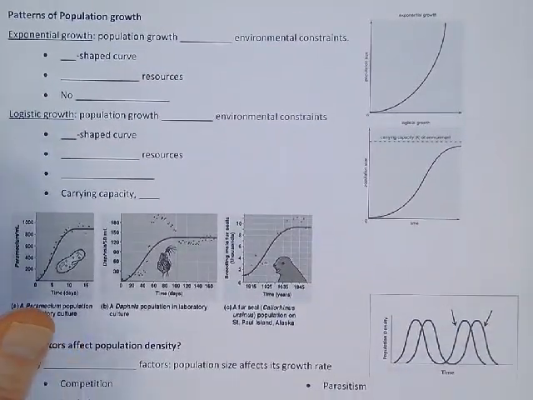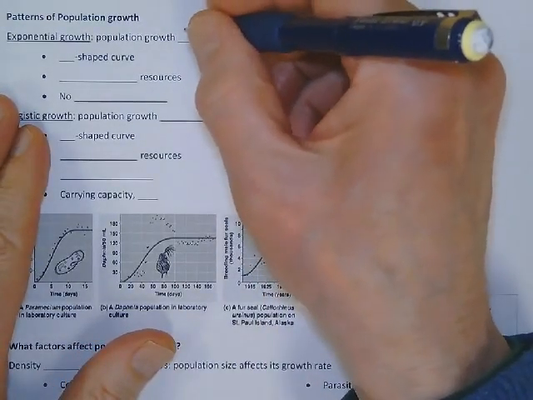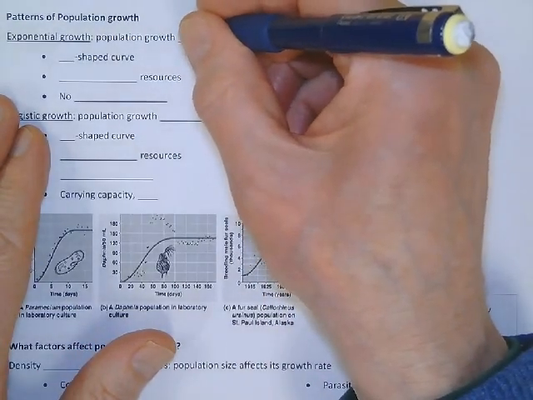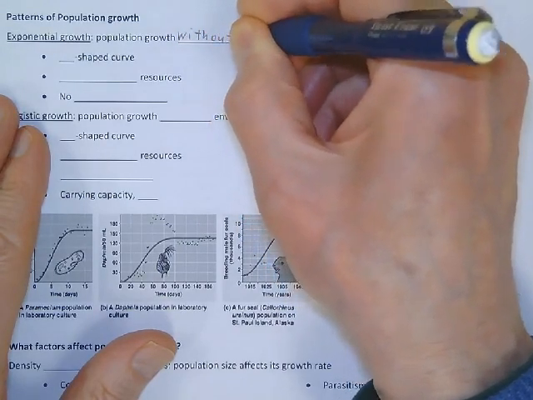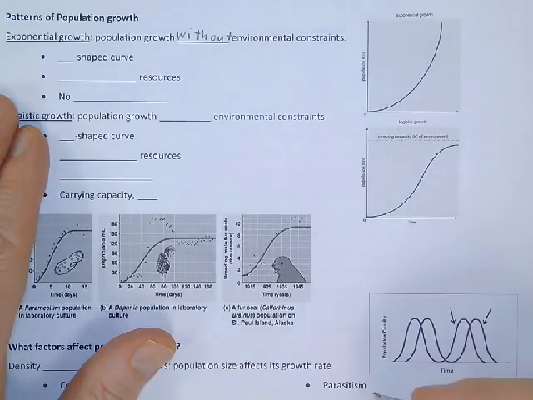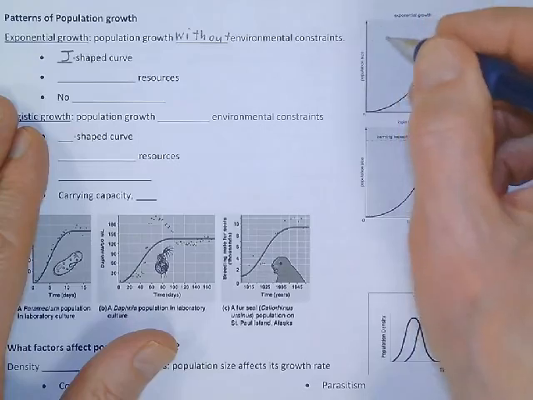So, patterns of population growth. There's different ways in which populations can grow. The simplest is exponential growth, where populations grow without environmental constraints. So this looks like a J that you can see over here.